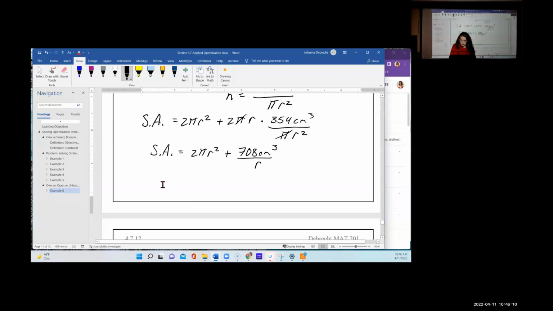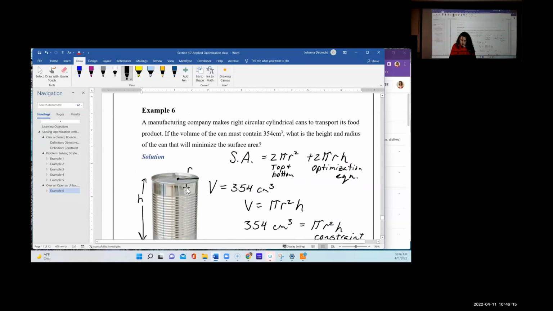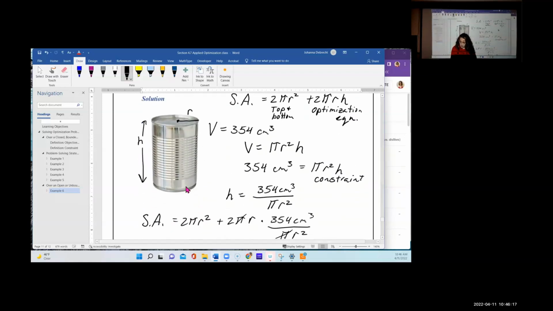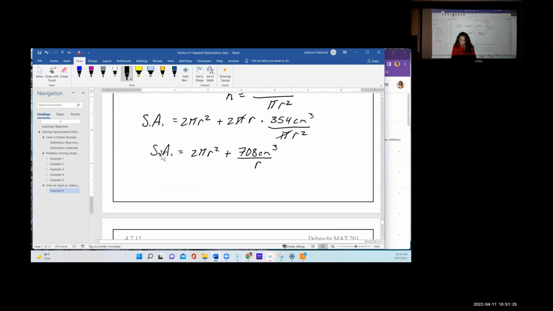And then we're looking for the height and radius of the can. So we're looking for r and h, where it's a minimum, where surface area is the minimum. So we've solved for the surface area in terms of r.